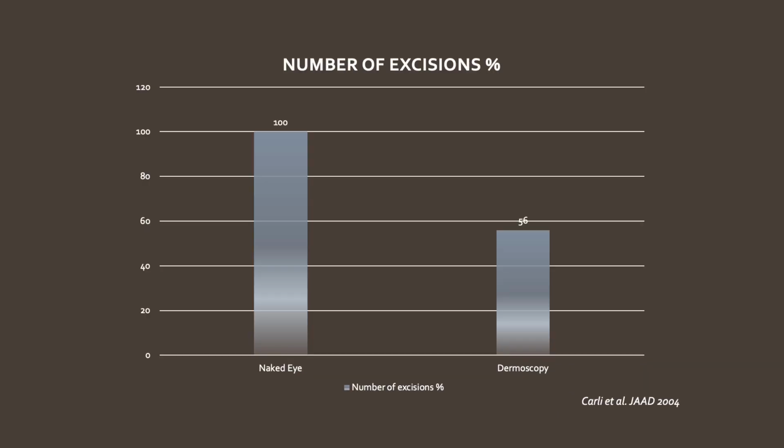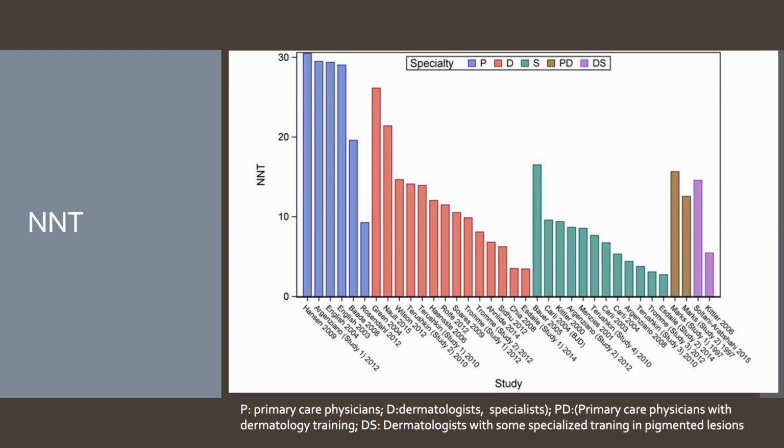But with the help of a dermatoscope, the number of excisions has been reduced by approximately 44%. According to this study, the number needed to treat one melanoma was quite high previously without a dermatoscope, but now with the help of a dermatoscope in expert hands, it's just 5 or 6.